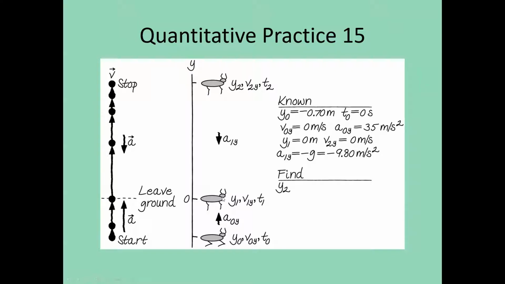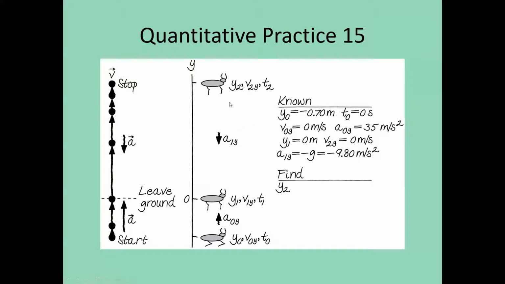The second part of the problem is when he has just left the ground and is going to his highest point. In that case, his initial condition is consistent with his final condition in the first part. So Y1, V1, and T1. But then we will look at his final position after the acceleration due to gravity has taken a toll on him. We will call his highest point Y2, V2, and it will be achieved at time T2.